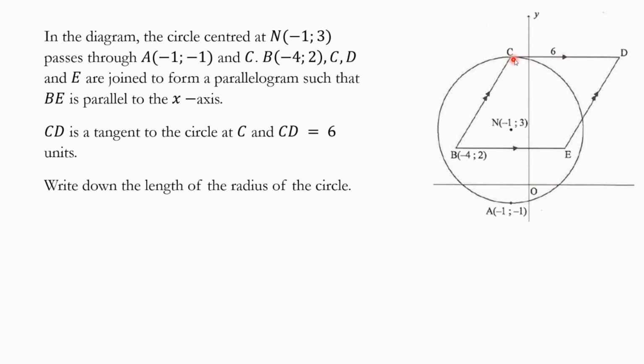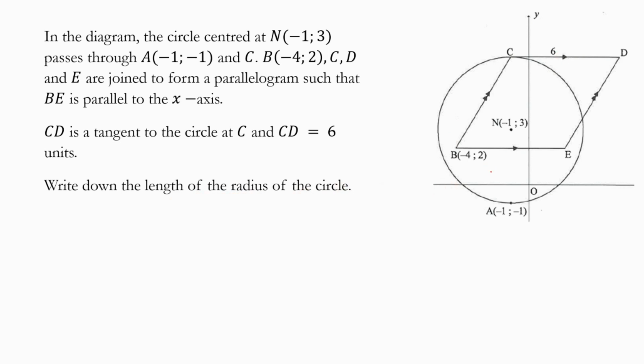CD is a tangent to the circle at C, and CD is equal to 6 units. Write down the length of the radius of the circle.